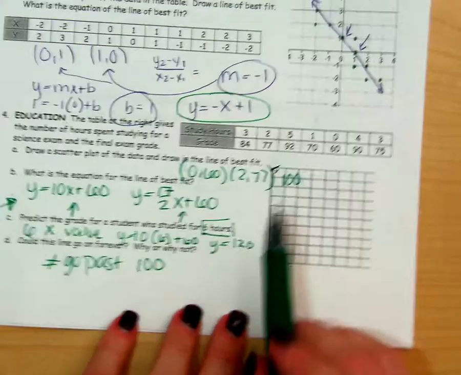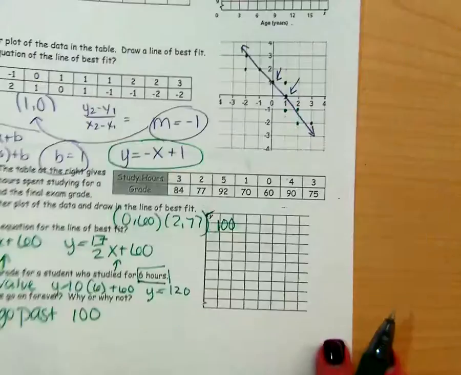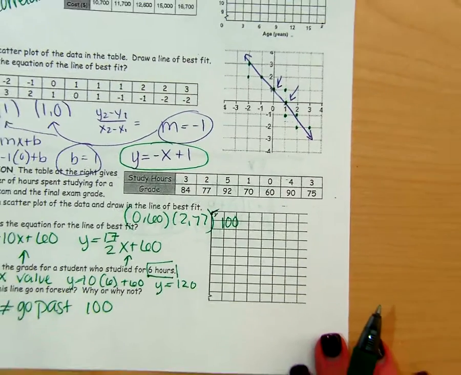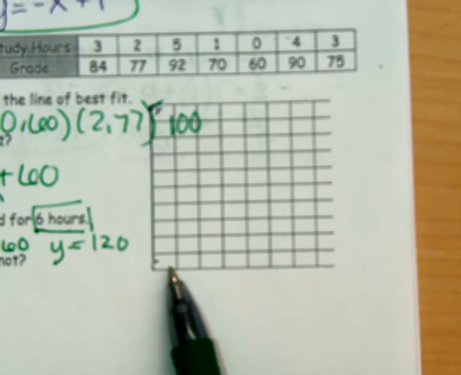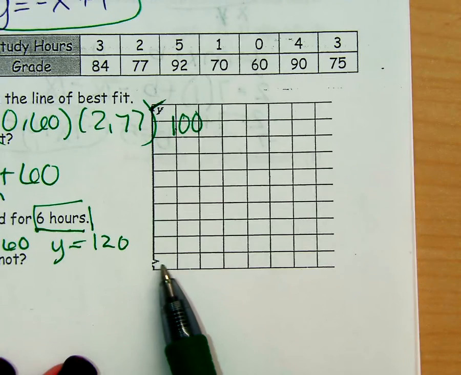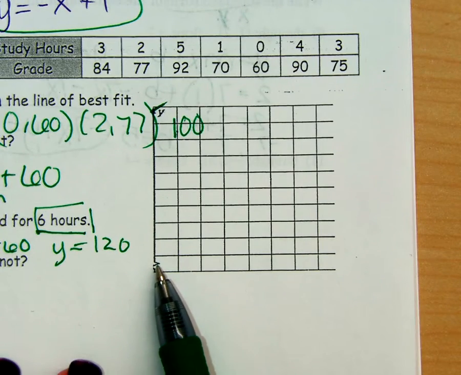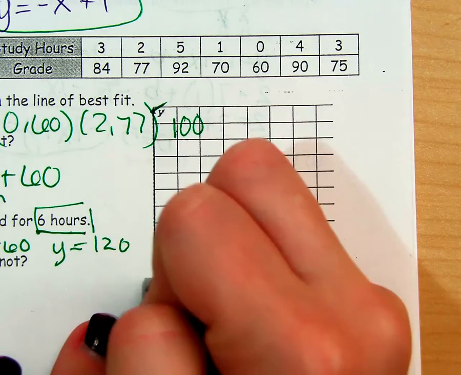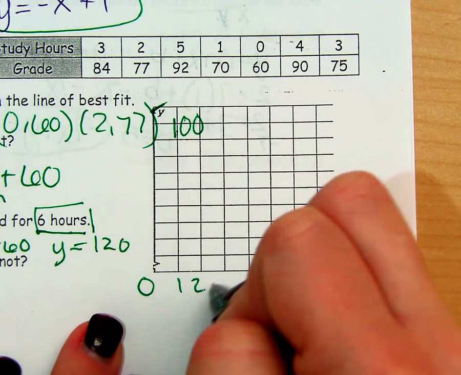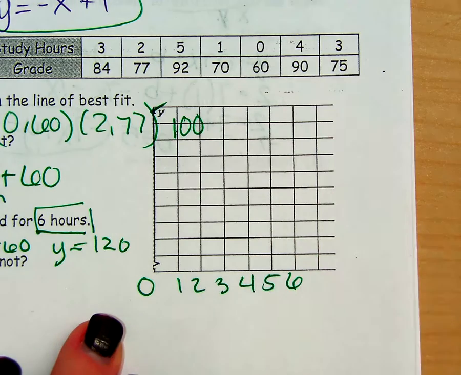Now, I do want to examine the graph for a quick minute. If you zoom in, or if you look at your graph, this little squiggle, I don't know if many of us have seen this. This is giving you a break in the graph. So if I were to draw this graph, I would start 0 and then 1, 2, 3, 4, 5, 6. Okay, because this is the study hours.